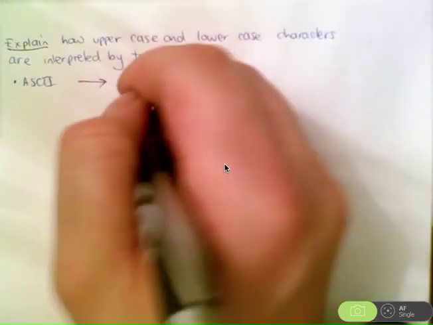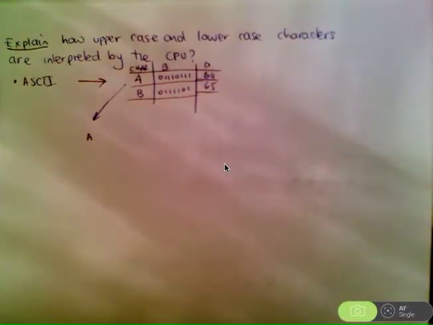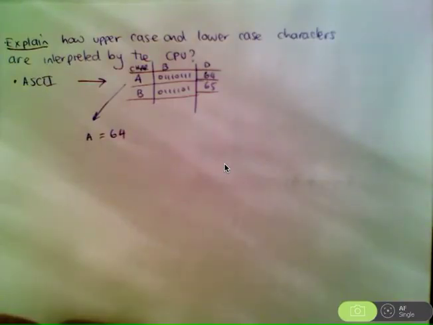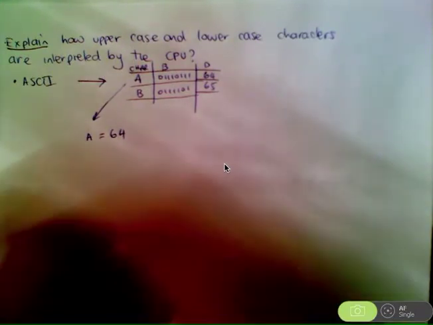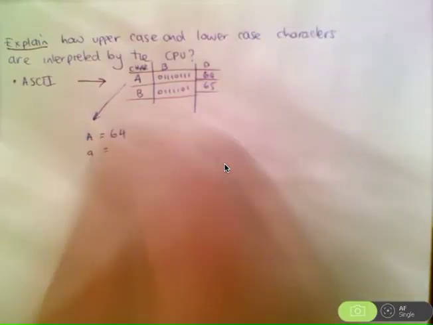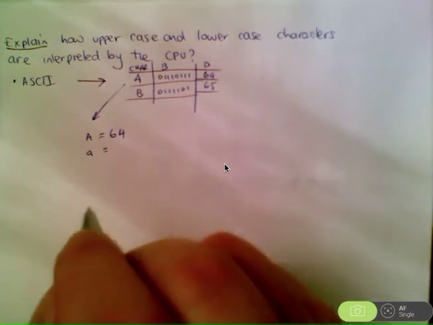For example, if I take A, which has an equivalent, let's just say 64, if A has a decimal equivalent of 64, which is the uppercase, lowercase a is only just a shifting of the 32nd bit.